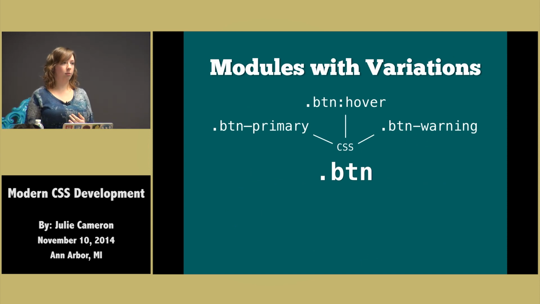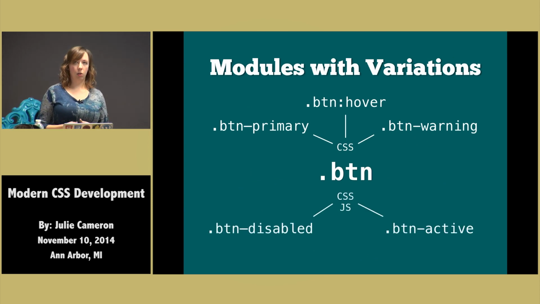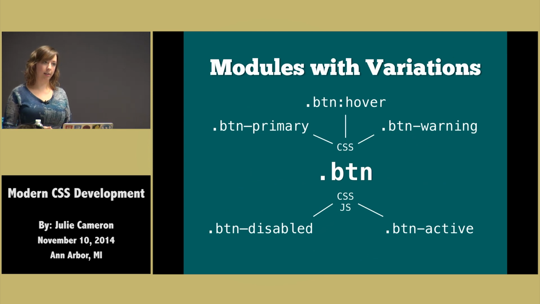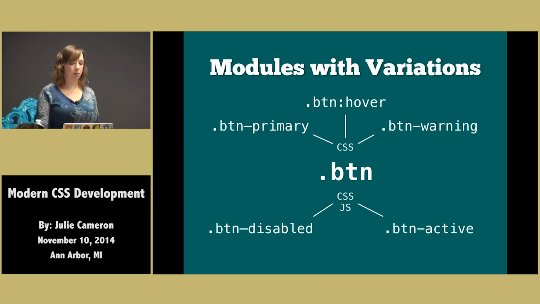And then we also have variations through pseudo-classes, like hover states, media queries, that sort of thing. On the other side, we've got variations via JavaScript. So these are classes that we might toggle on the object that then alter the appearance via CSS. But all of this is CSS based.